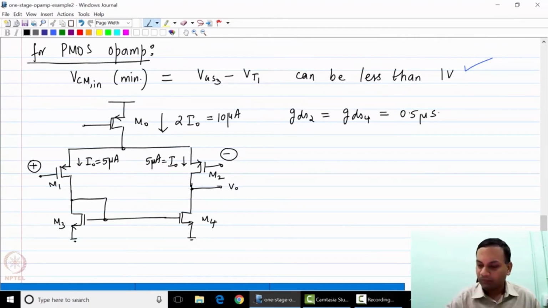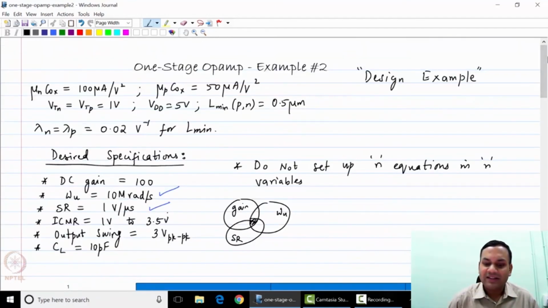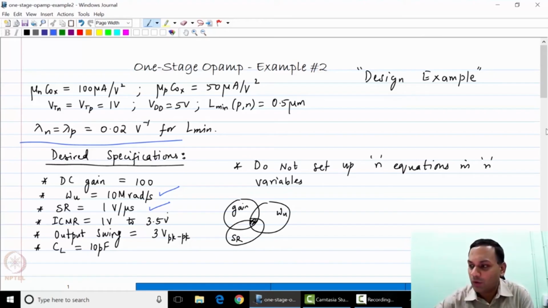Now we are given that lambda for L-min of 0.5 micron is 0.02 volt inverse. So let us assume that L is equal to L-min and find out what the value of GDS2 and GDS4 is.